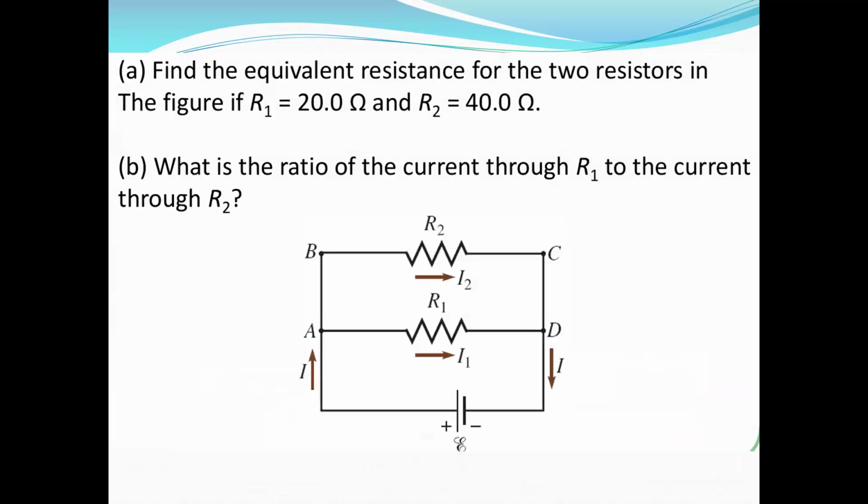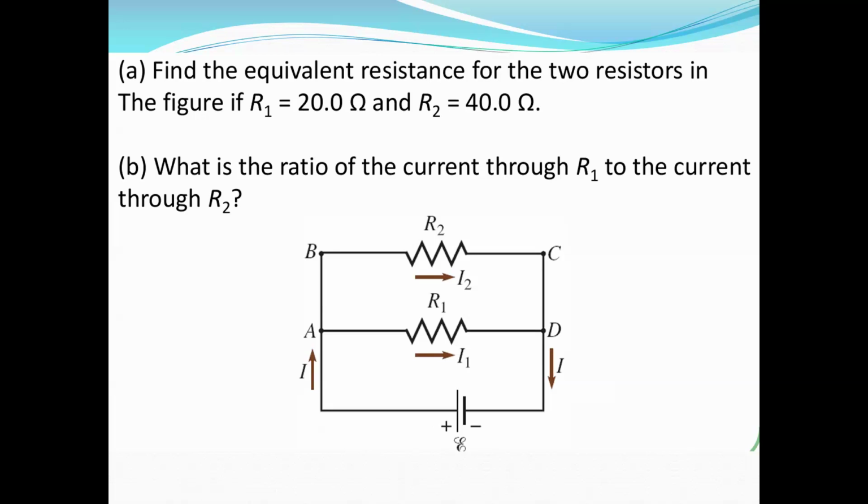And I think I discussed this question in the class. Find the equivalent resistance for the two resistors in the figure, R1 and R2. You can see R1 and R2 are commonly connected with one battery, plus and minus, you can see. This arrangement represents the parallel combination.